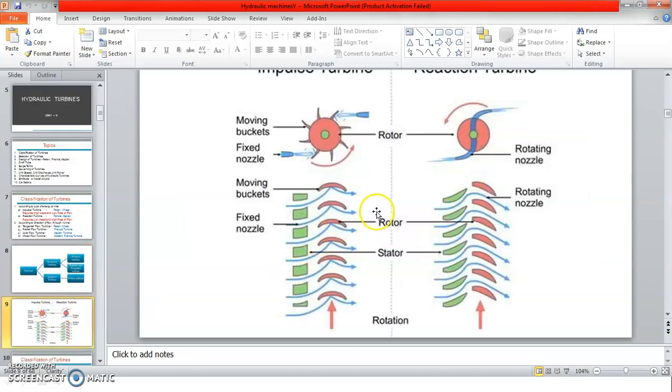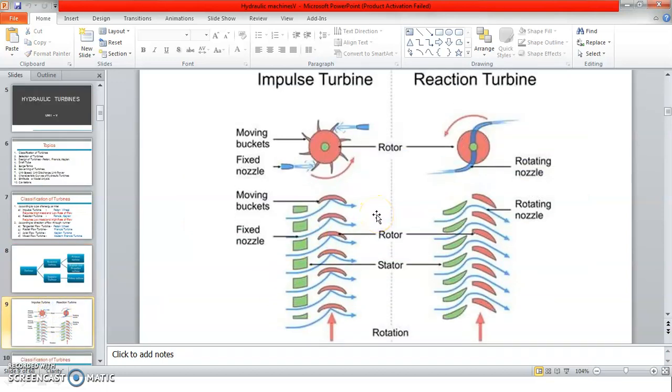Now we can see the basic difference between impulse and reaction turbine, meaning Pelton and Francis or Pelton and Kaplan. In impulse turbine, the buckets are fixed at the periphery of the runner, moving buckets, or we can call them curved vanes, and the jet impacts on them in a tangential manner.